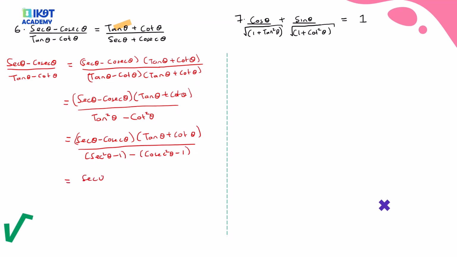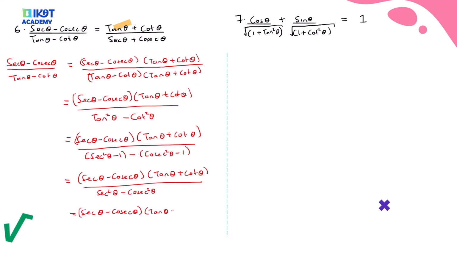We have sec theta minus cosec theta, here we have tan theta plus cot theta, and here this is -1 but this one will become +1, so they cancel out. So you have sec squared theta minus cosec squared theta. Again, another difference of two squares: sec squared theta minus cosec squared theta, into tan theta plus cot theta.